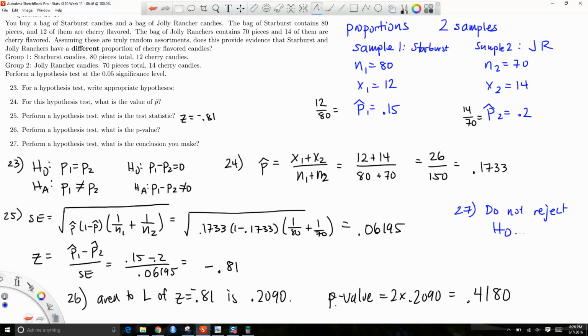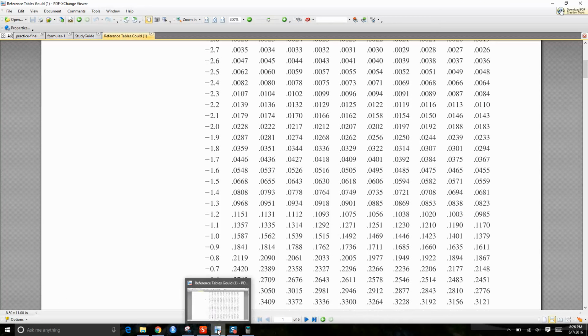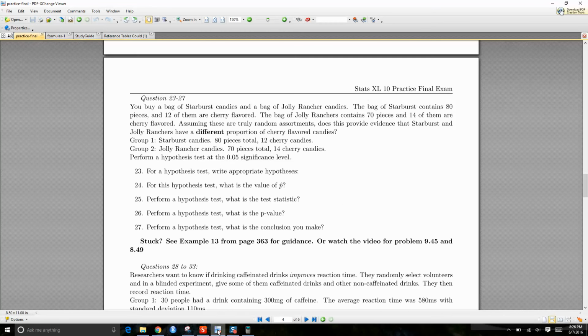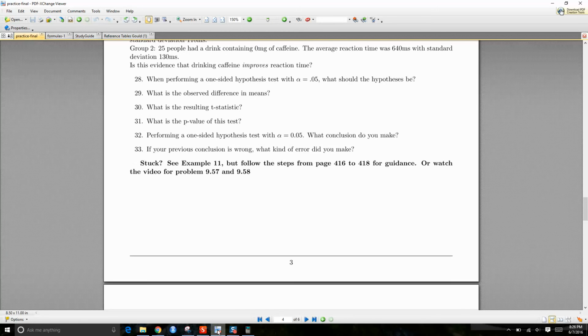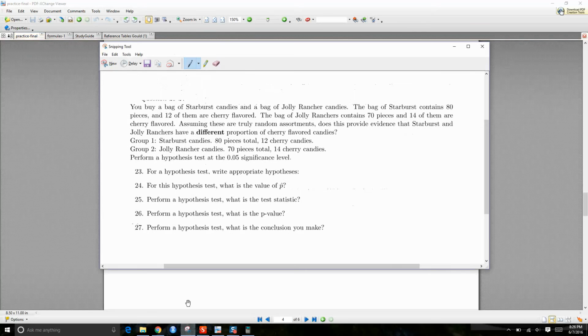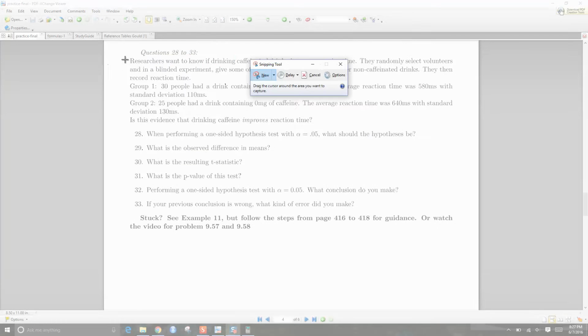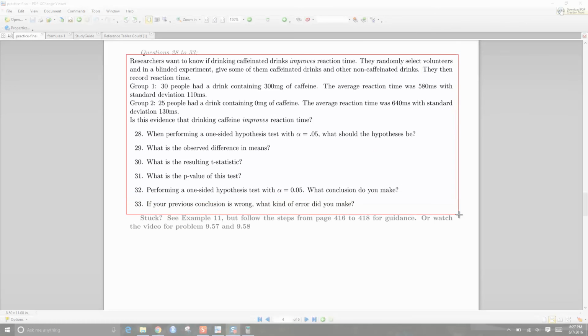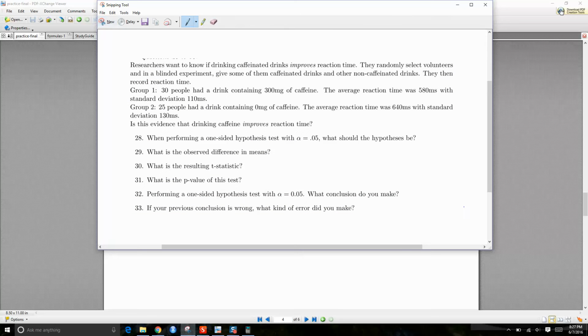Going on to the next set of problems here. It says researchers want to know if drinking caffeinated drinks improves reaction time.